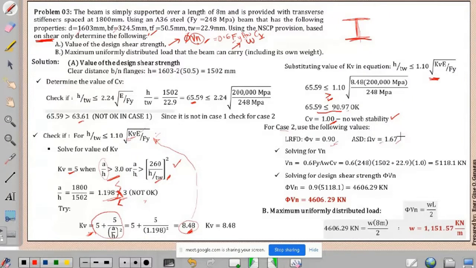For the nominal shear, you just have to substitute our Fy of 248 and the area of the web, which is D times TW, or H times TW. This is equal to 5118.8.